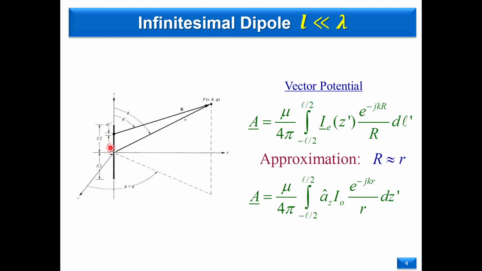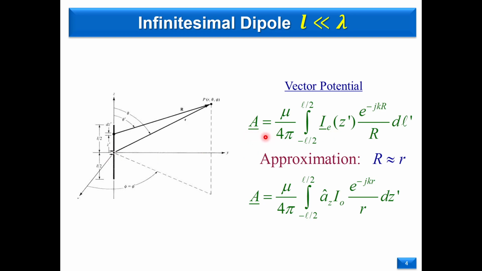R prime is the position vector of the source. In this case, we have just an infinitesimally short antenna at the origin. So R capital and R small are almost the same, because R prime, the position vector of the source element, is 0, because the source element is very small and at the origin.